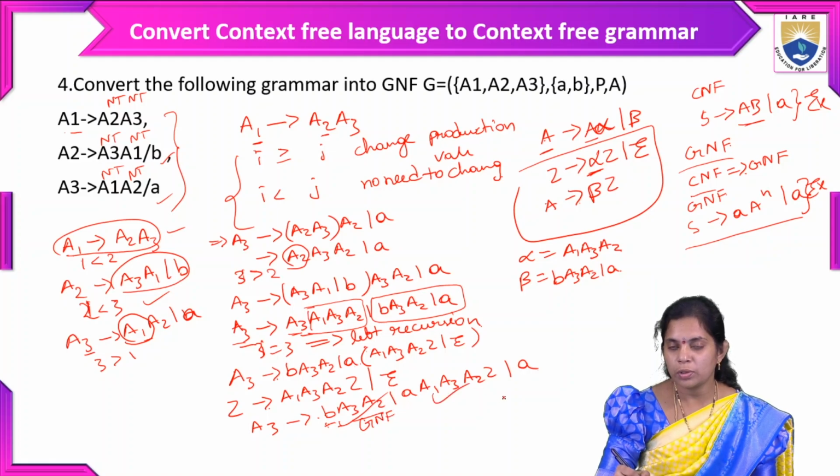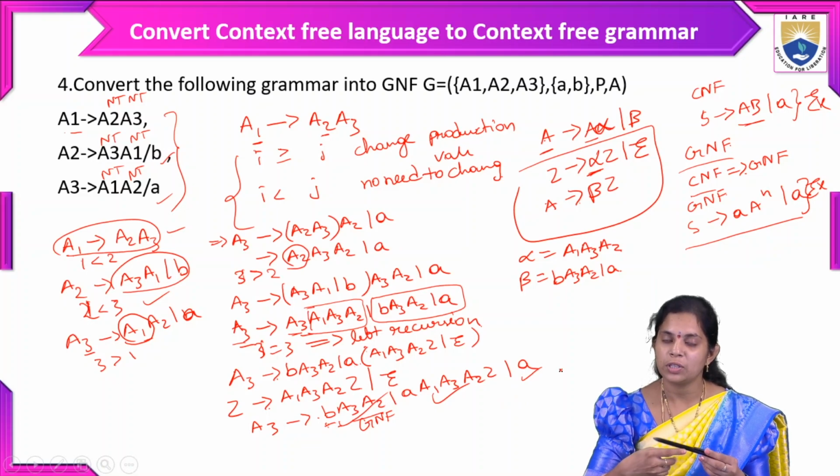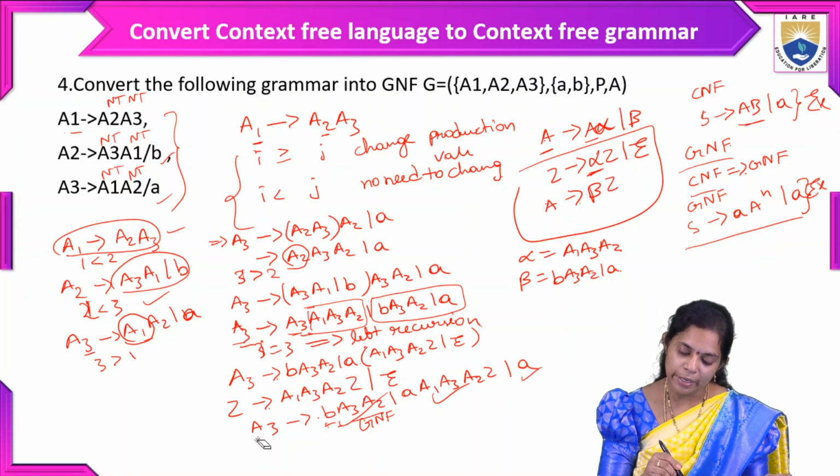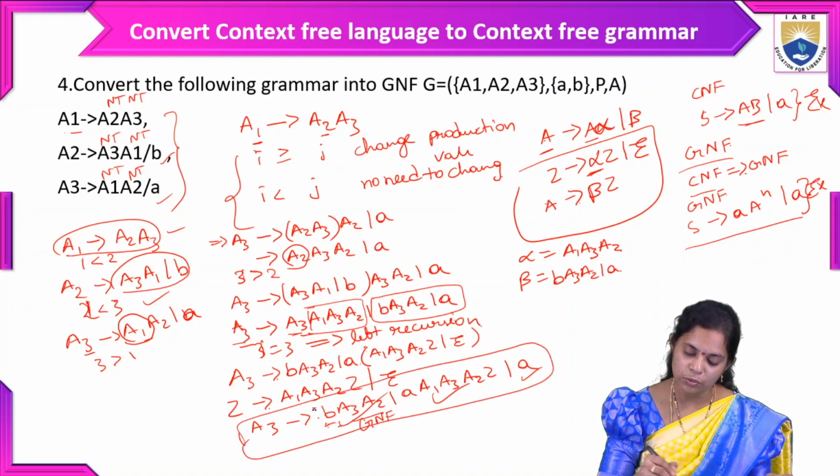And this one also is already in GNF, and this single terminal is also already in GNF. So A3 is fully in GNF, so no need to change.